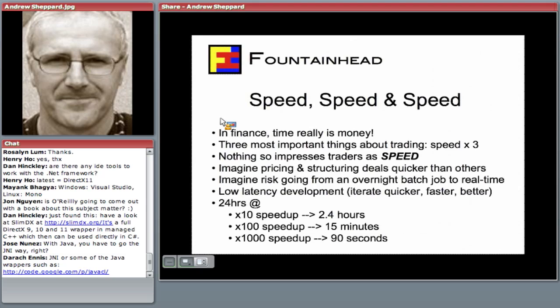Nothing impresses like speed. And the reason speed is important, you can imagine a scenario in which someone is trying to buy a complex structure, and they phone broker 1. Broker 1 says, yes, a complex structure, I'll get back to you with a price in 15 minutes. Broker 2 may be using GPU technology as a supercomputer and says, okay, I have a price for you.